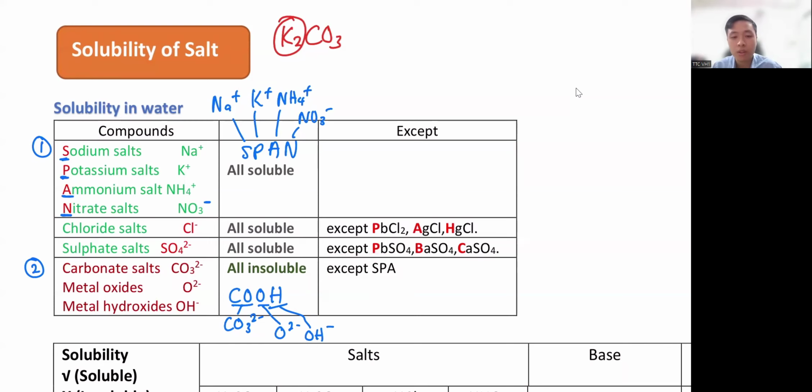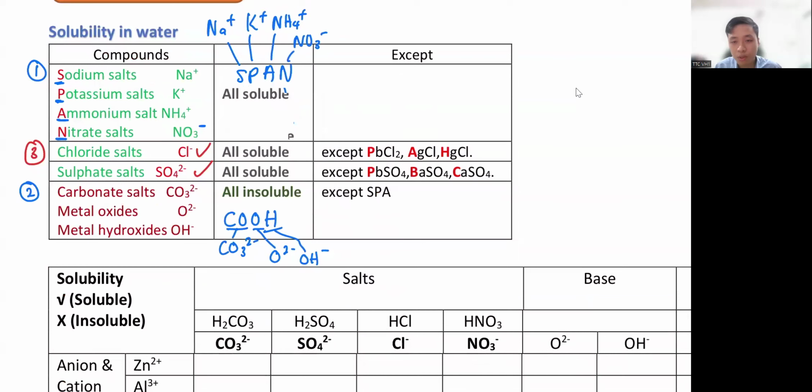Now the third one: chloride and sulfate. All of these are also soluble, except a few. For chloride, the insoluble ones are Pb, Ag+, and Hg+.